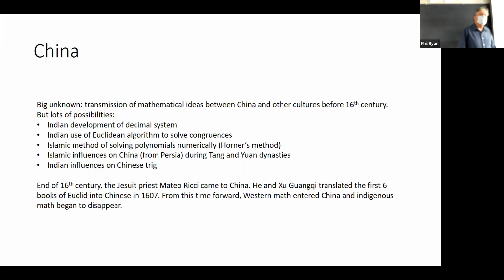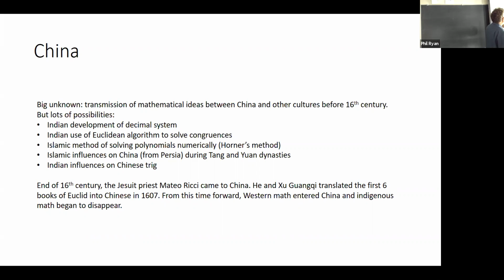There are lots of tantalizing possibilities because we see things that are common to all the cultures, like everyone could solve quadratic equations. They kind of knew Pascal's triangle. A lot of them solved congruences.